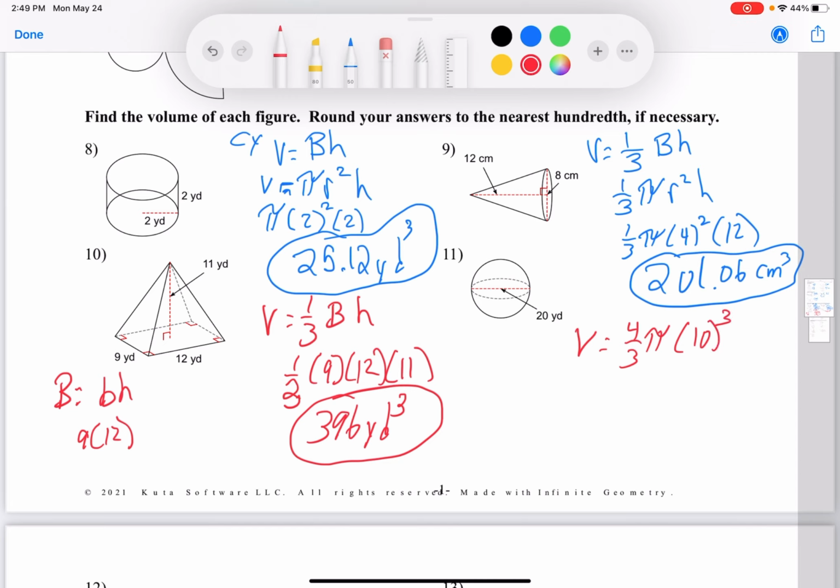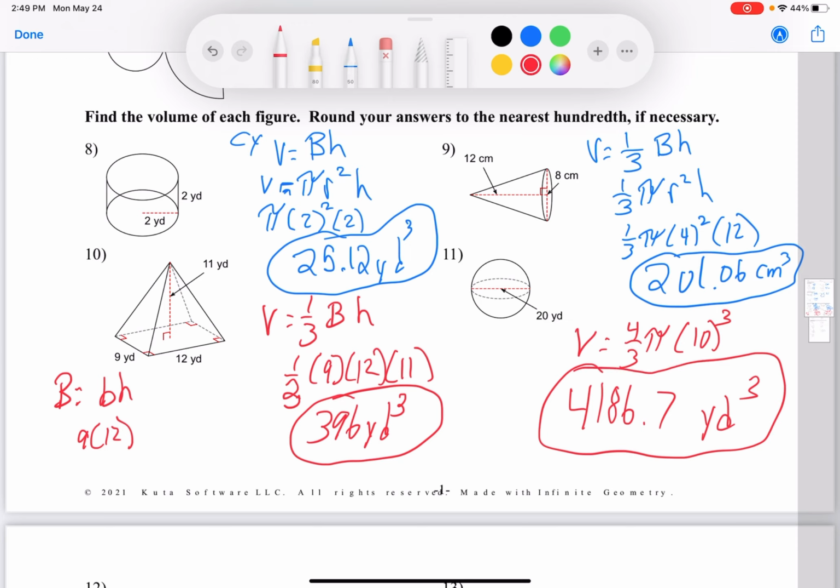So I'm going to go 10 cubed times pi, take that times 4 and divide by 3. You get 4,186.7 yards cubed. And you're done. Those are the volume ones.